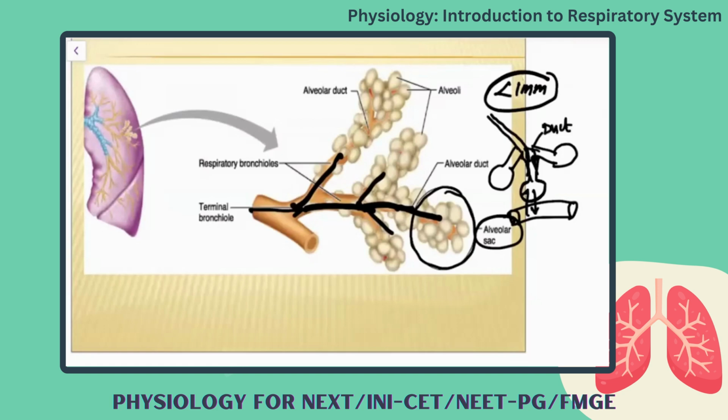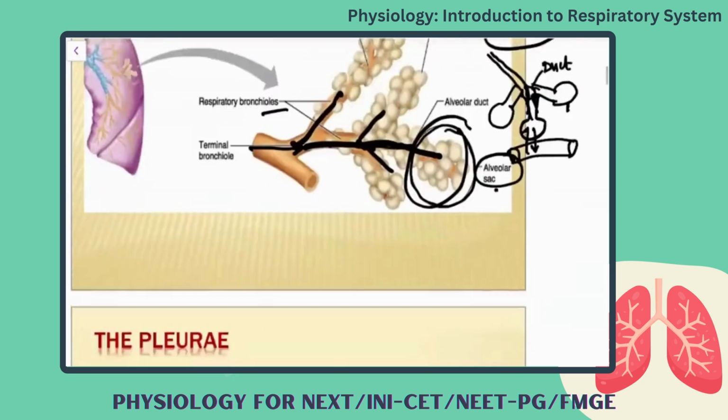So many alveolar ducts will join together and form the respiratory bronchioles. A single alveoli is called an alveolus, and the whole group is called an alveolar sac. Okay, so this is the location and arrangement of alveoli inside the lungs.